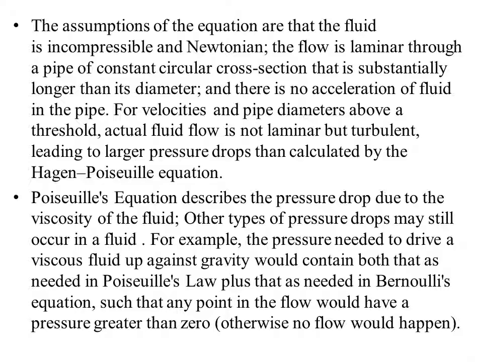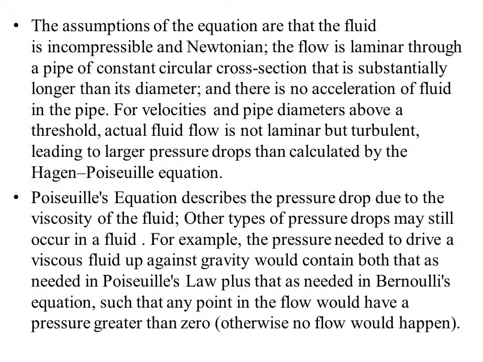Poiseuille's equation is what we previously saw. There is a small correction made, an addition to the Poiseuille's equation, because there are liquids which are incompressible and Newtonian, so the flow is also different. That is why we accept a small correction or modification to the Poiseuille's equation. Poiseuille's equation describes the pressure drop due to the viscosity of the fluid.